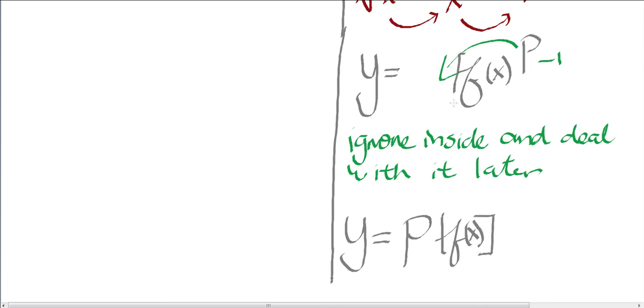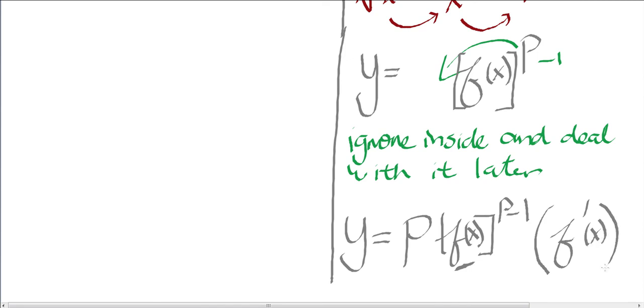Let's even write it like that, f of x up to the p. Then ignore it, take the p down and take 1 off that p. Now, I've ignored the inside, but straight away I must open up a bracket and deal with it right now. I said I'd deal with it later, and here's the time now to deal with it. And you put the derivative of that, attack the inside function, differentiate it straight away afterwards.